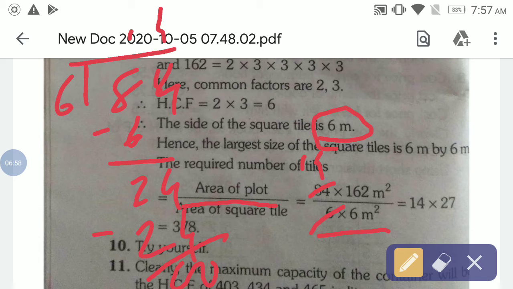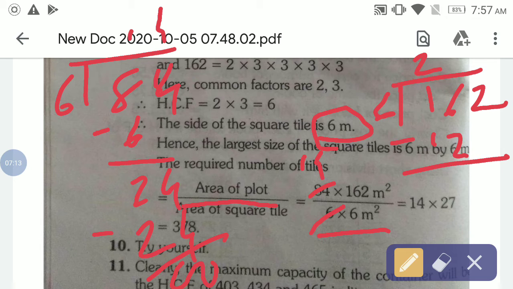Then you can divide 162 by 6. 6 2s are 12, 16 minus 12, 4, 42.